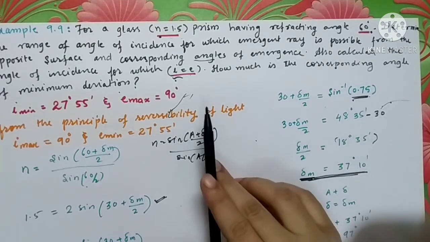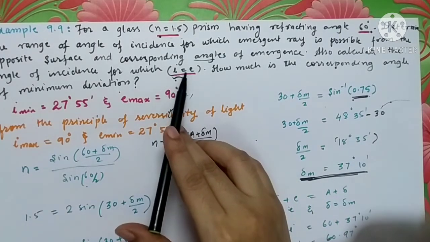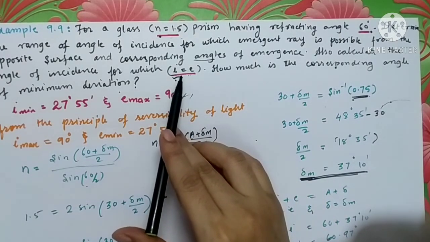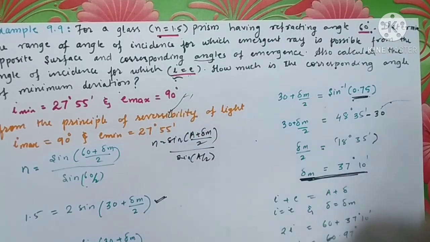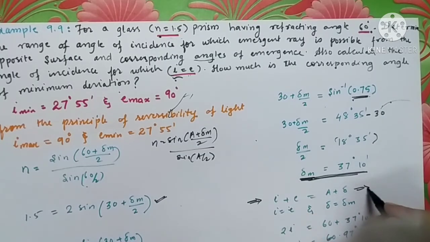Similarly, you have to calculate the angle of incidence, and you have been given one condition that I is equal to E. This is possible if and only if delta is equal to delta m. From the relation between all the angles of a prism, we have the equation I plus E is equal to A plus delta.